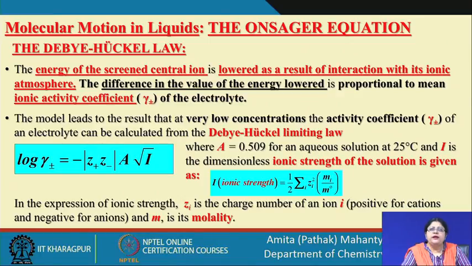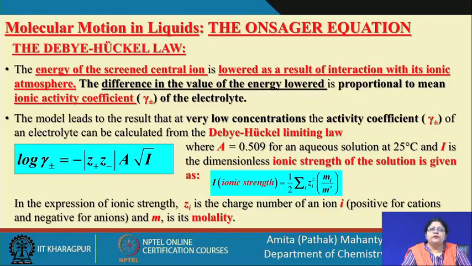So, only if it is a very dilute condition are these things more relevant. We have the lowering of the energy of the central ion because of the ionic atmosphere present around it, which is screening the neighboring ions in the solution.